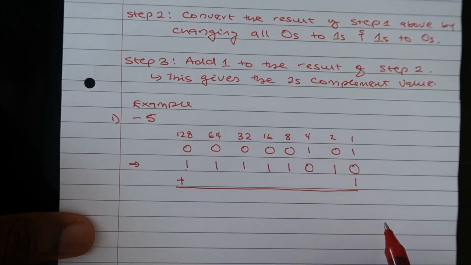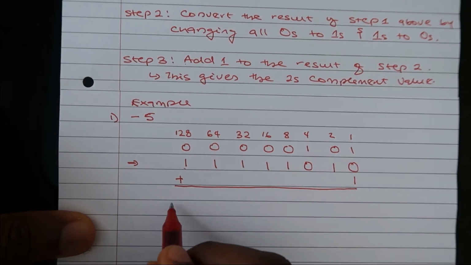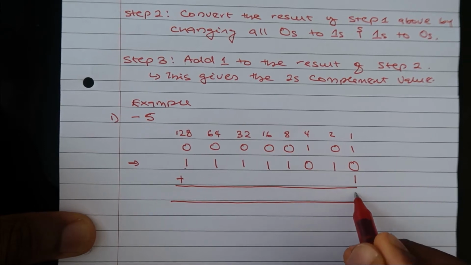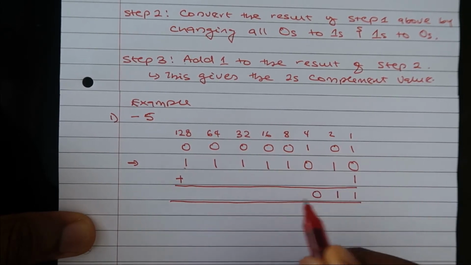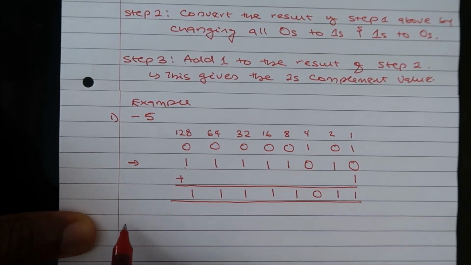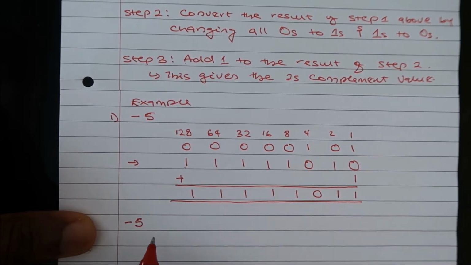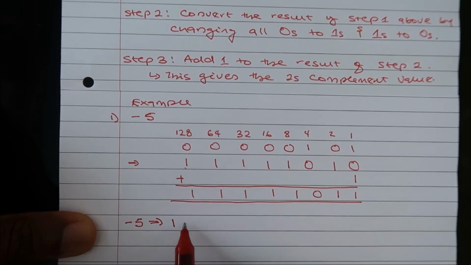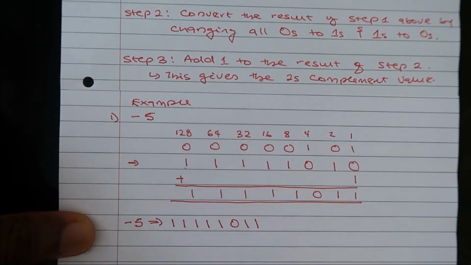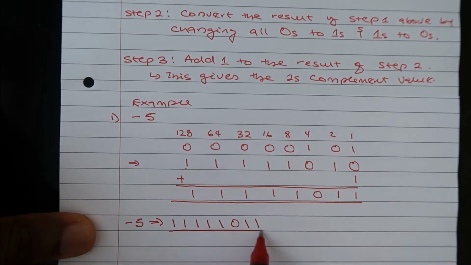If we add 1 to that value, we will be left with 0 plus 1, which gives us 1. So -5 in denary, when represented in binary using 2's complement, is 1, 1, 1, 1, 1, 0, 1, 1. This is our final answer.